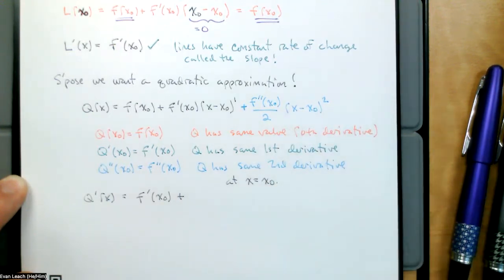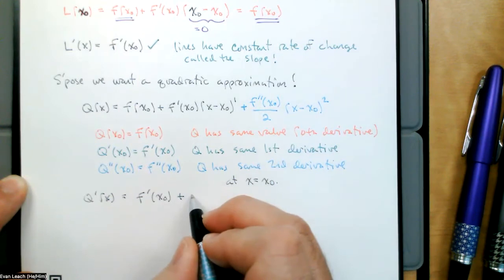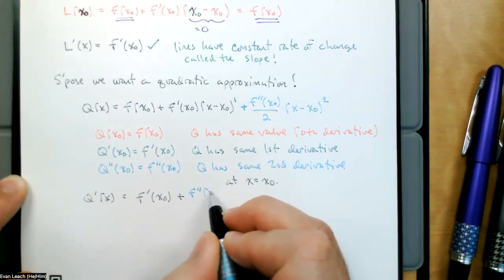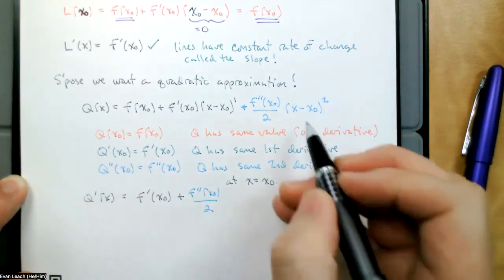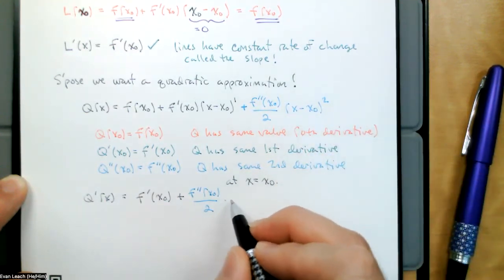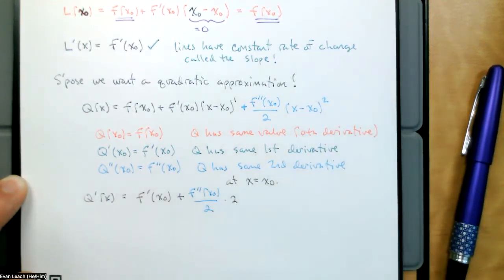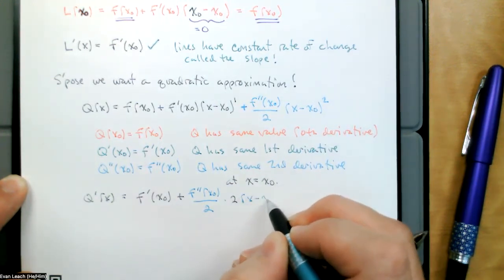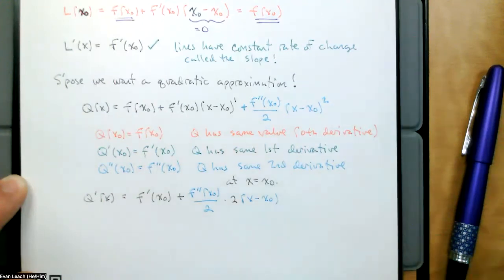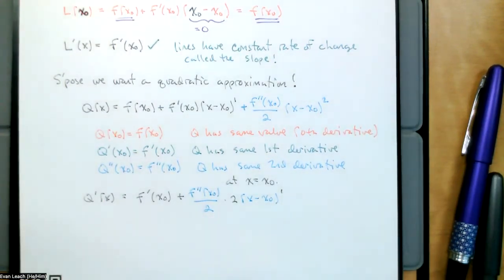So I have f double prime at x naught over 2. That was my coefficient. And then the derivative of x minus x naught squared is 2 times x minus x naught to the first. So notice that those 2's will cancel out. Looking ahead to the next step, those 2's will cancel out.